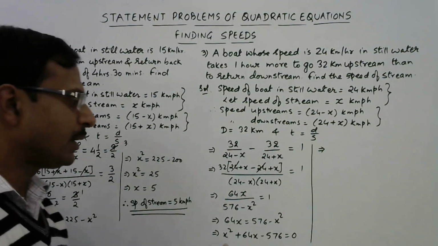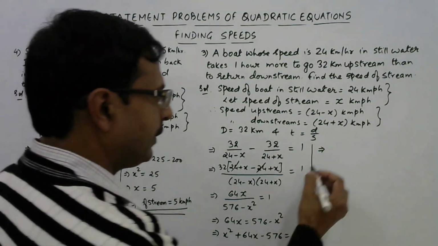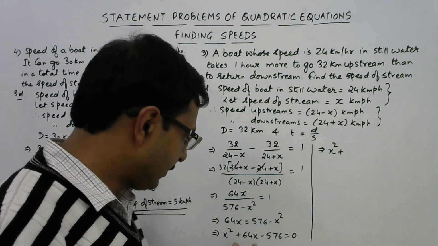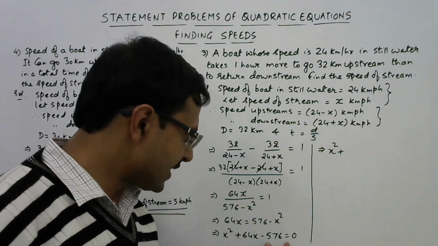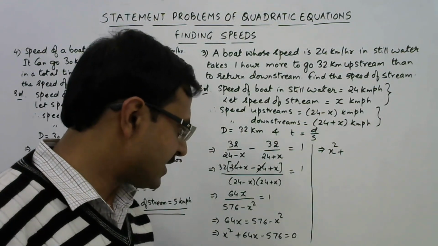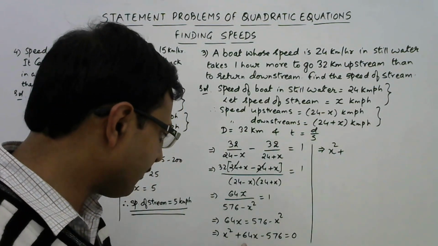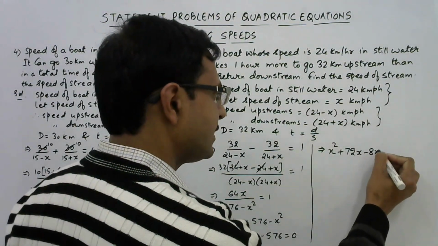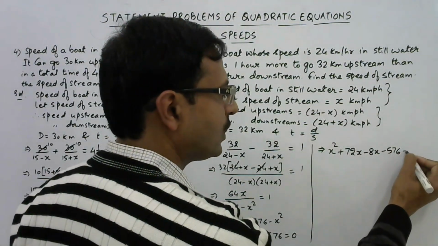Now if you solve the earlier equation, the middle term split will be 64, and you need the product as minus 576. So that is 72 and 8. So x square plus 72x minus 8x minus 576 equal to 0.